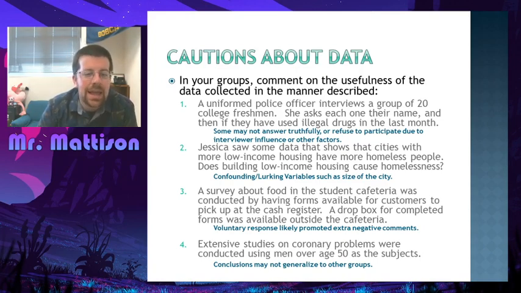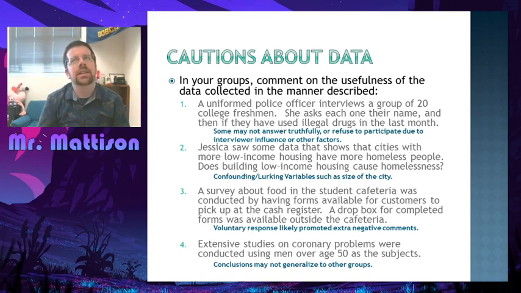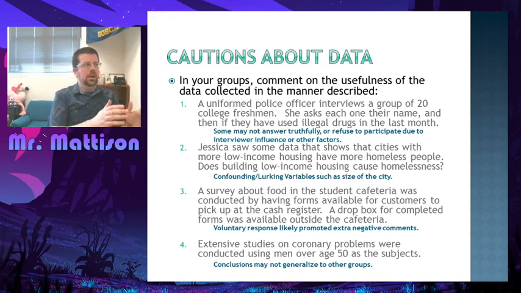Number 4, extensive studies on coronary problems were conducted using men over age 50 as the subjects, right? So this one's a little bit more not direct, but this is a problem of you take one group and then you try and generalize it about everybody. So we said, hey, men over 50, how are their hearts?